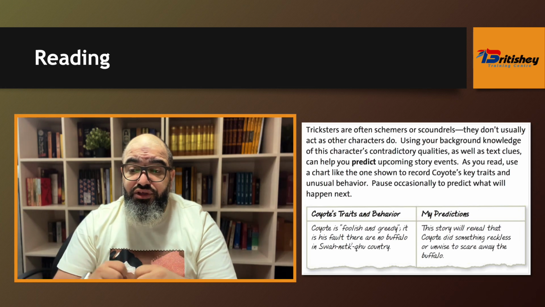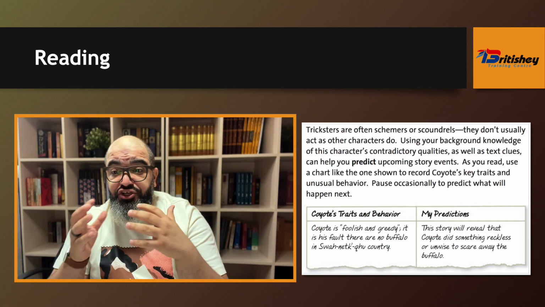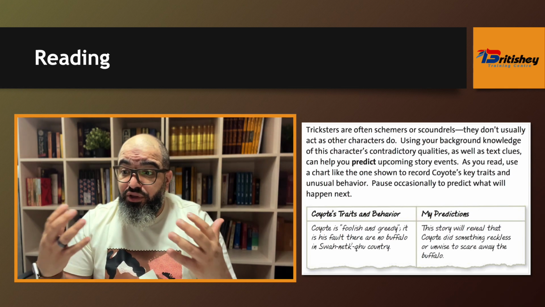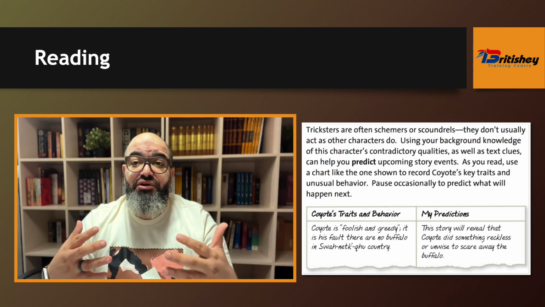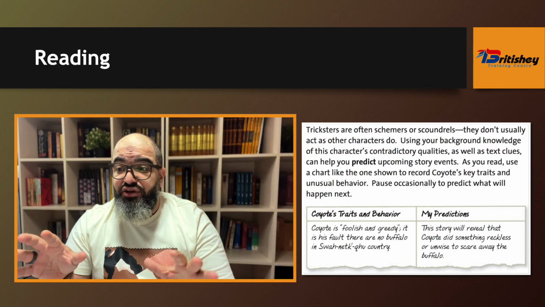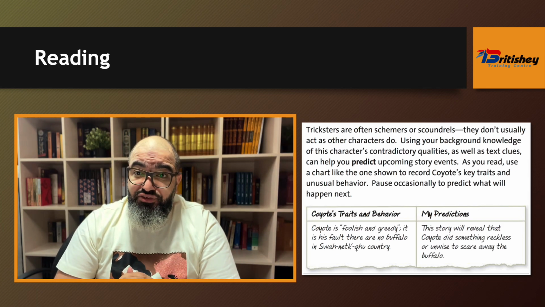Using your background knowledge of this character's contradictory qualities, as well as text clues, can help you predict upcoming story events. As you read, use a chart like the one shown to record coyote's key traits and usual behavior and unusual behavior. Pause occasionally to predict what will happen next.